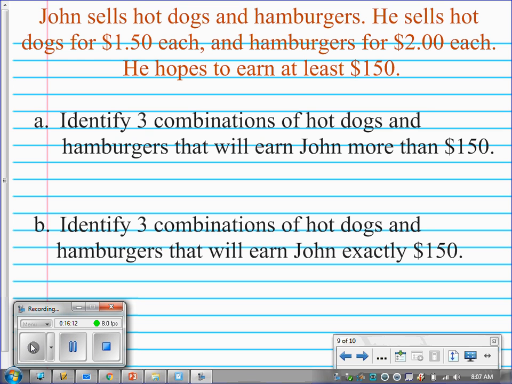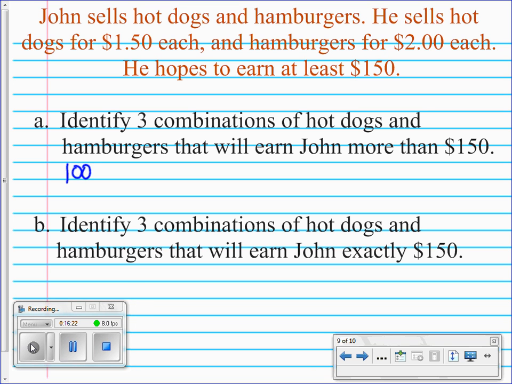So I'll start with the easiest one. I know that hot dogs sell for $1.50 each. So if John sells 100 hot dogs, that's going to get him $150 because 100 times $1.50 is 150.